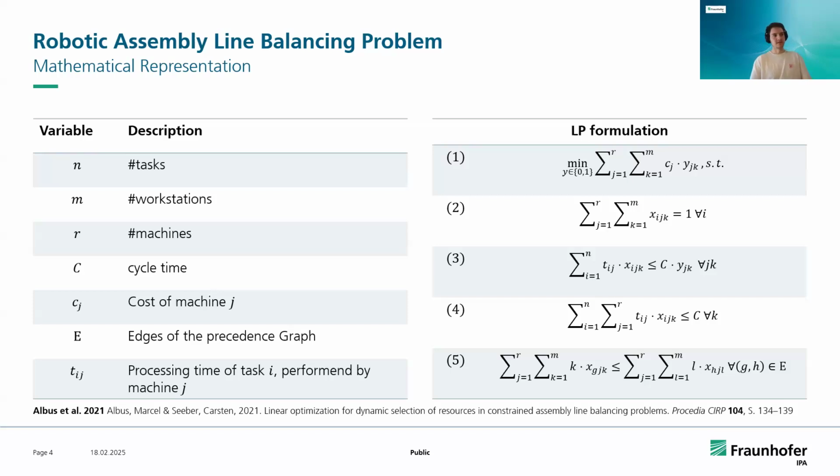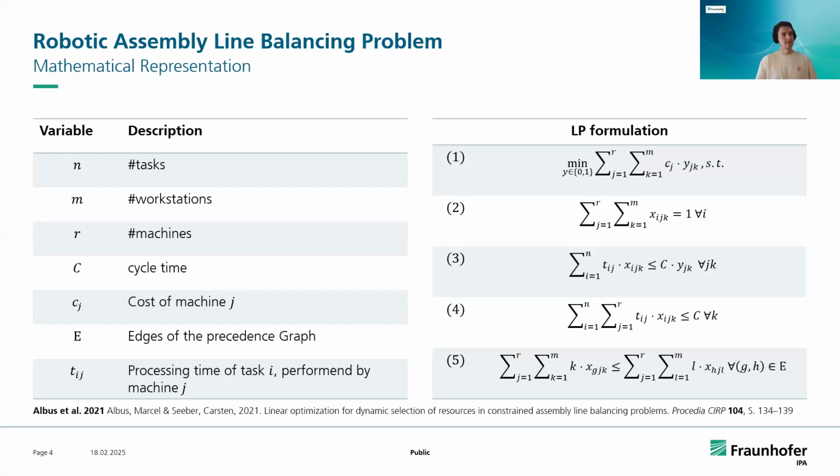The second constraint, number 3, makes sure that the cycle times per machine are kept, and it also does the mapping of the assignment of tasks to machines, to workstations.